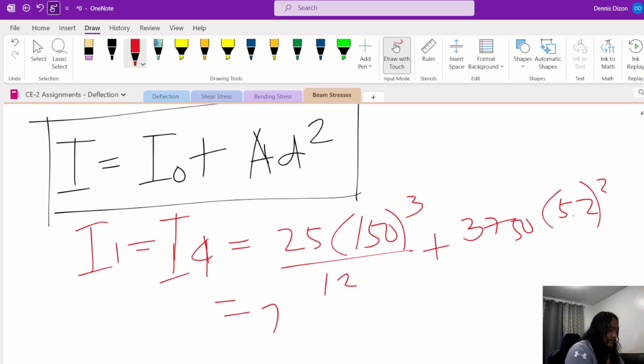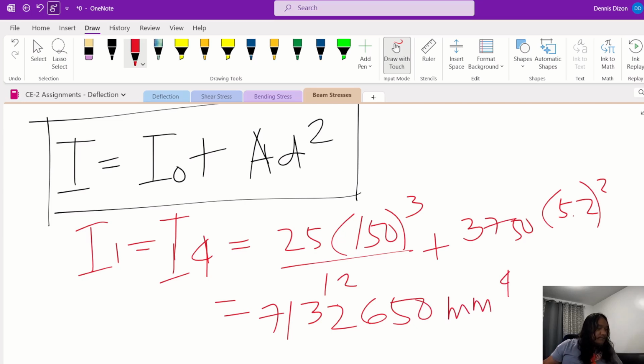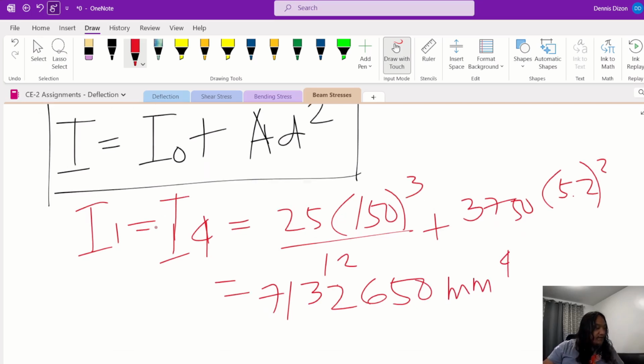So this is 7,132,650 millimeter to the fourth.